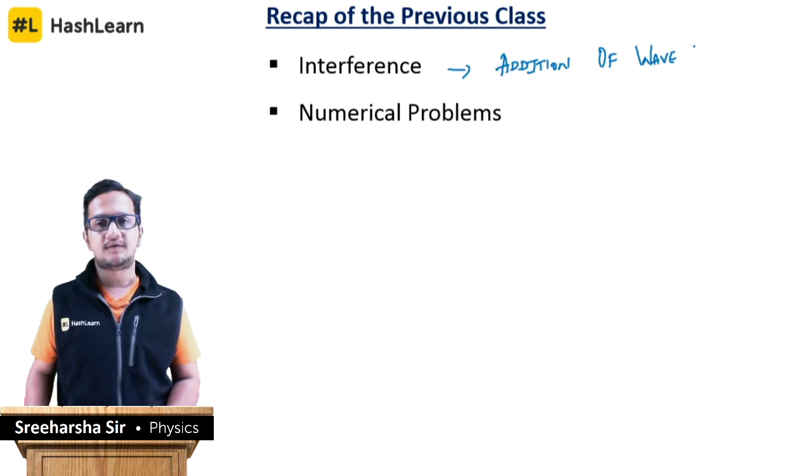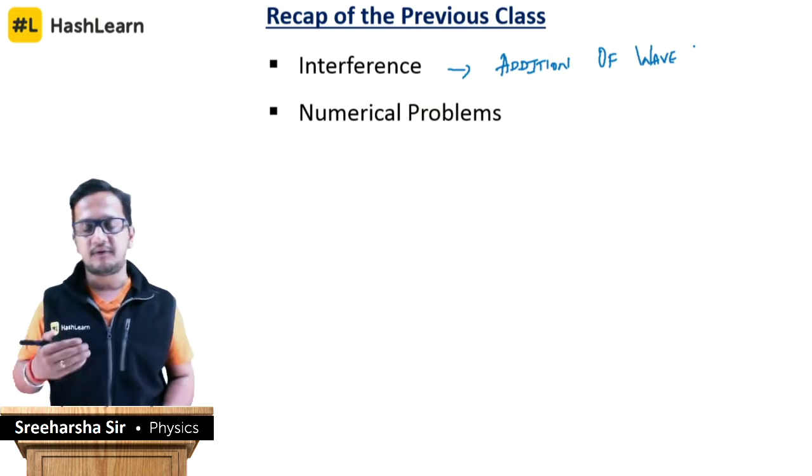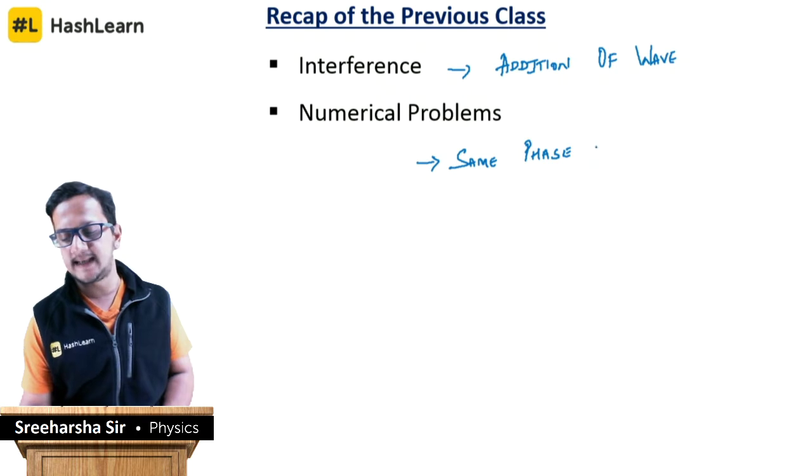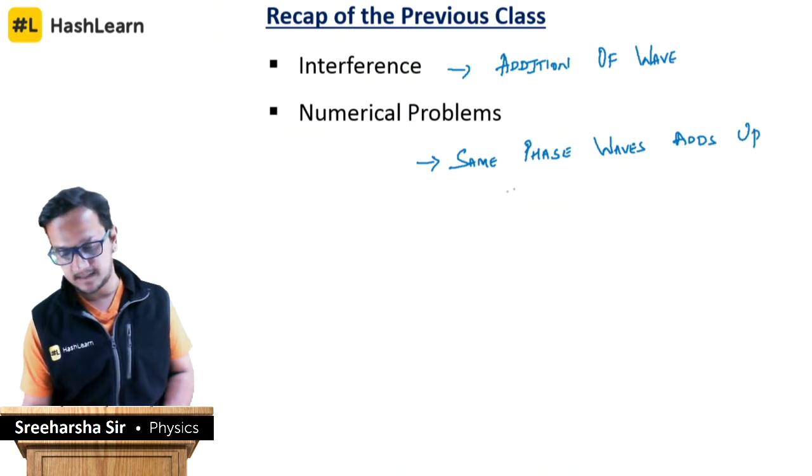Whenever you have waves in the same phase, they add up to form a bright band, and if they are out of phase, they form a dark band.